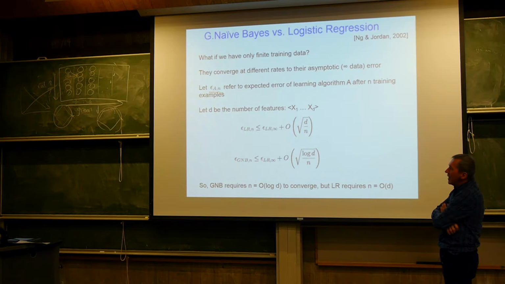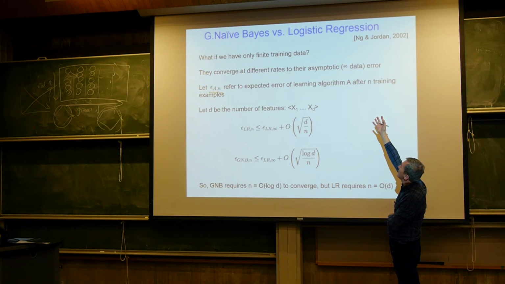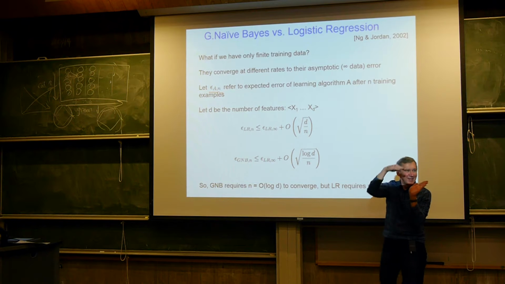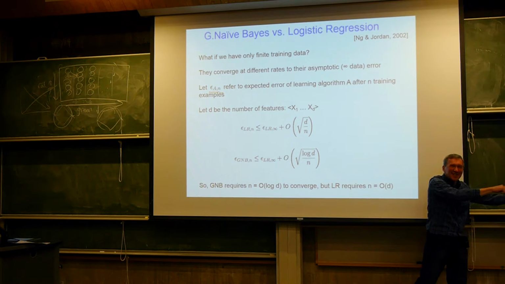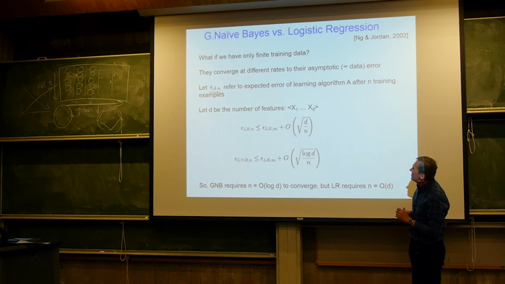What if we only have finite data? Then it turns out that Gaussian naive Bayes and logistic regression converge toward their infinite data estimates as the amount of training data grows, but they converge at different rates.